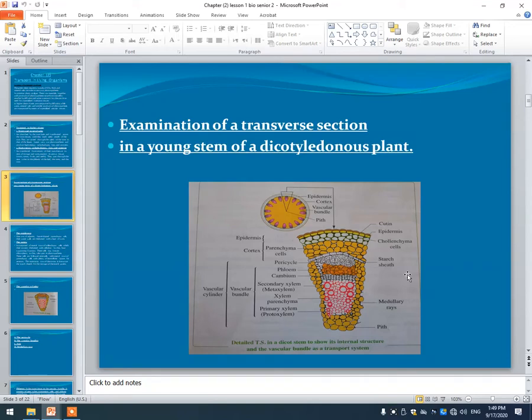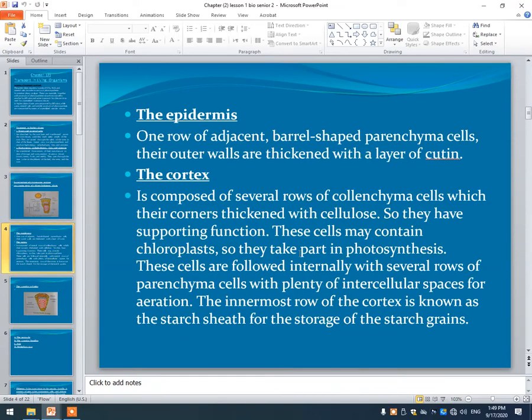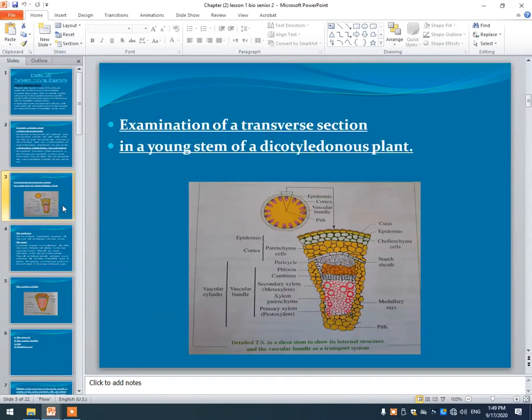We also have the medullary rays, and the internal layer is the pith. Again, the epidermis is one row of adjacent, parallel-shaped parenchyma cells. As we say, it is thickened with cutin.